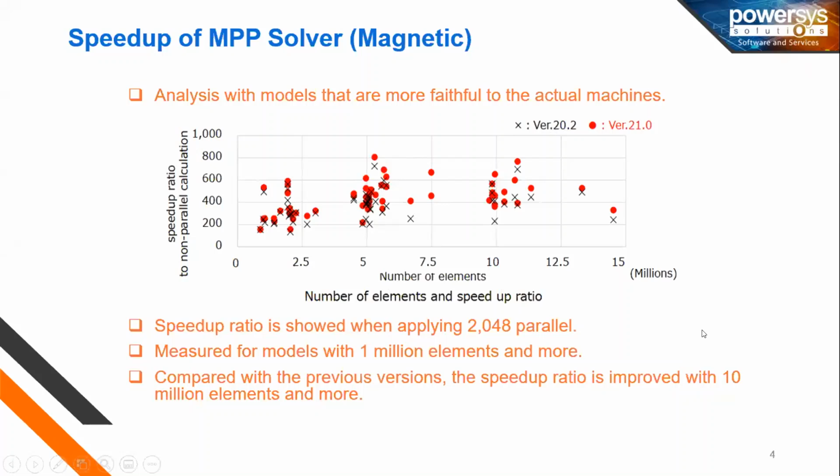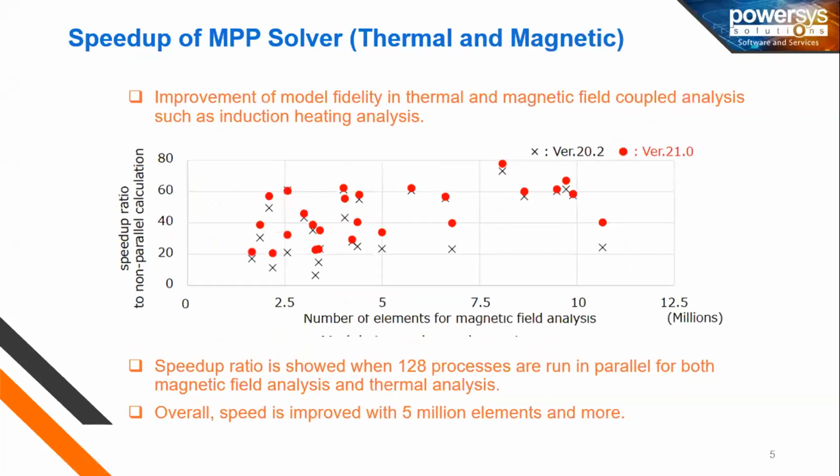So it is proven that the speed-up ratio of version 21 is greater than that of version 20.2 when we are running the same model on the same machine.